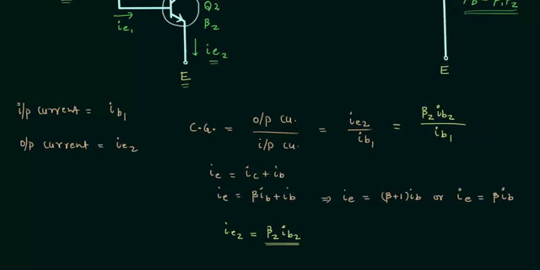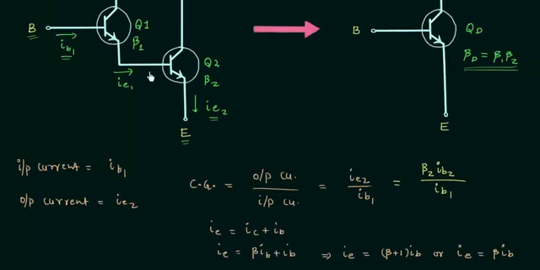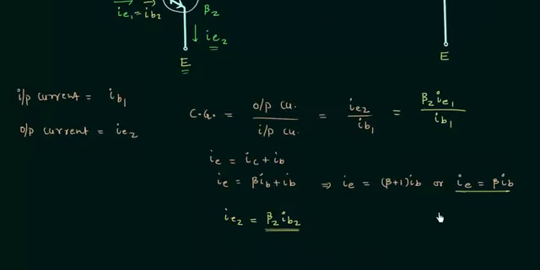IB2 is the base current of the second transistor, and two different currents cannot flow through the same wire. This means IE1 is the same as IB2. So in place of IB2, we have IE1, and again using the earlier result, IE1 is equal to beta 1 IB1.